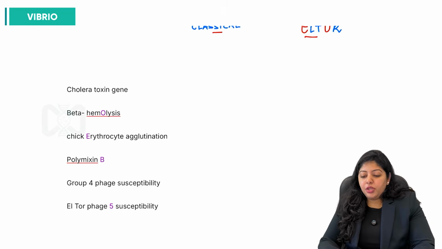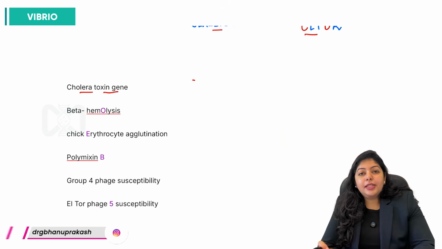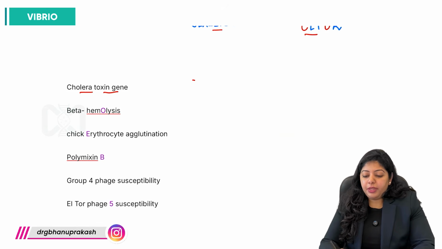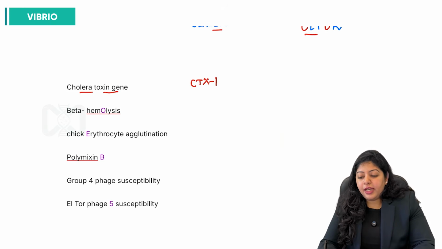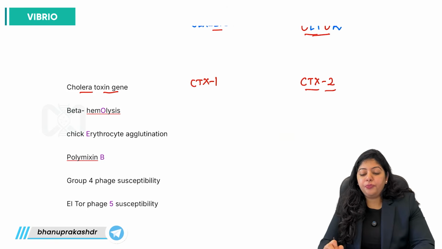Firstly, the cholera toxin gene. Classics are always first, so the cholera toxin gene is going to be CTX1, whereas for El Tor it is going to be CTX2.